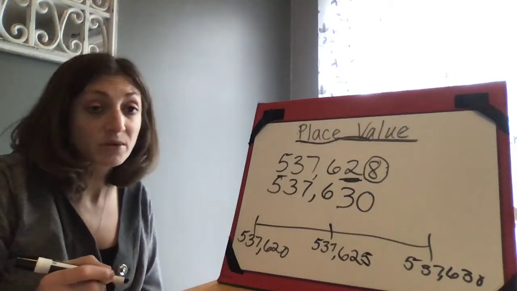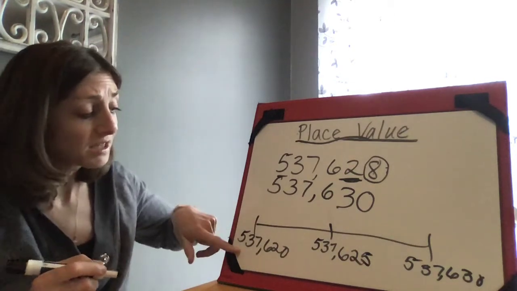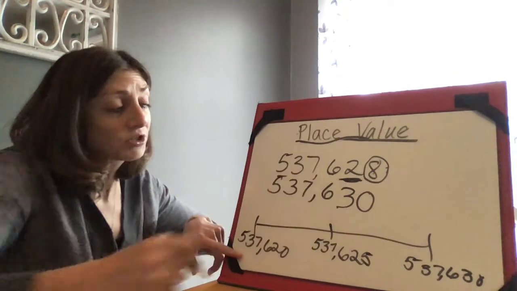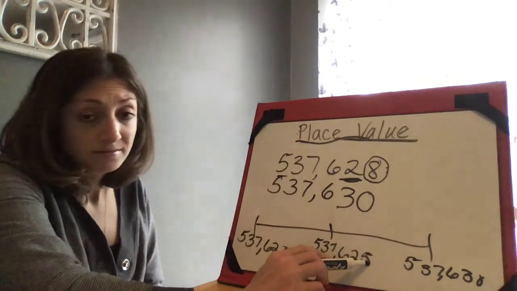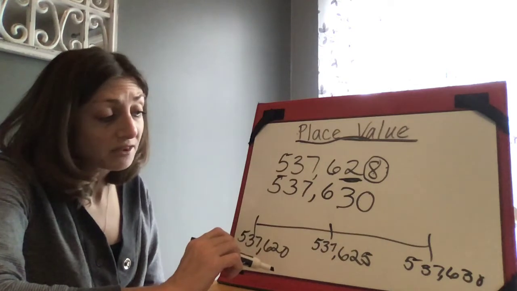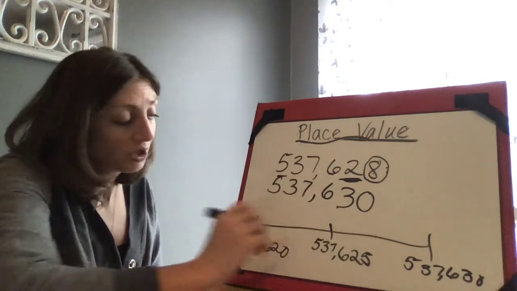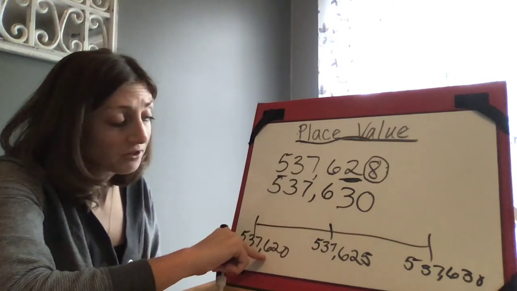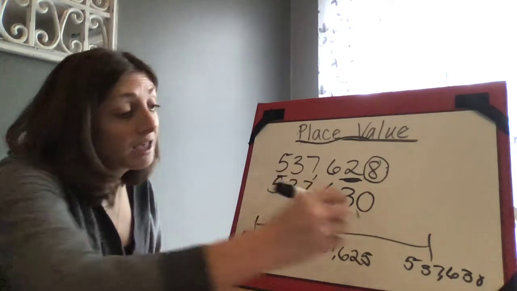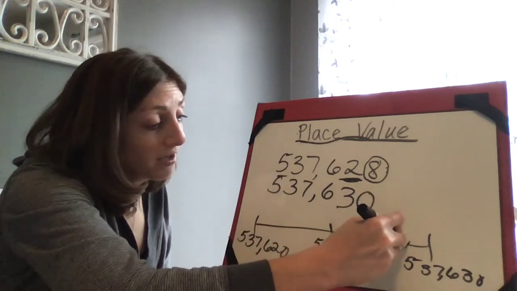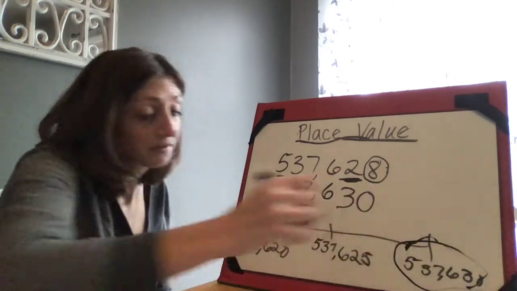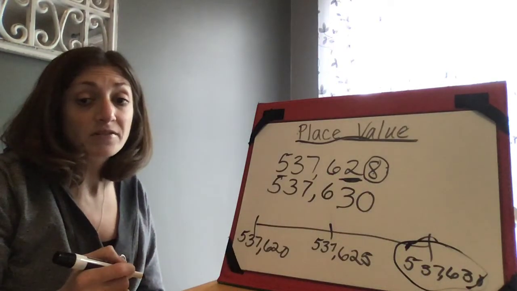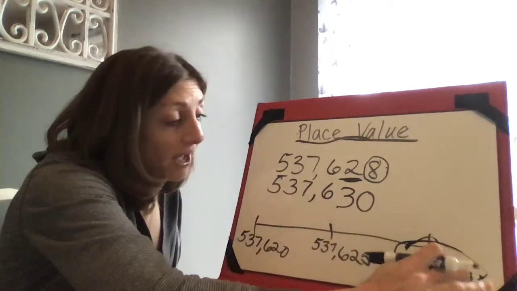Now, to help us with this, let's ask ourselves, where does this 628 fit in? Would it go after 537,625, or would it go before and be closer to 537,620? It's going to go probably about right here. So it's definitely closer to the 537,630. That's how we got that.